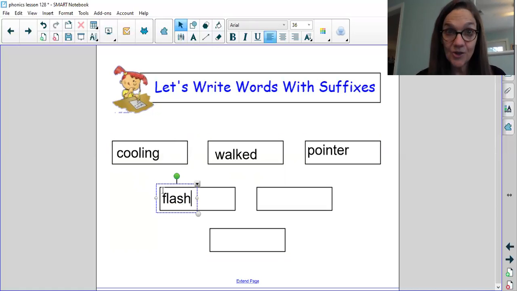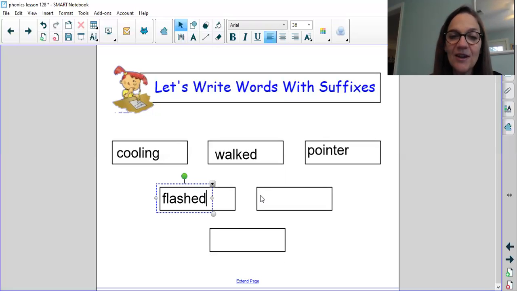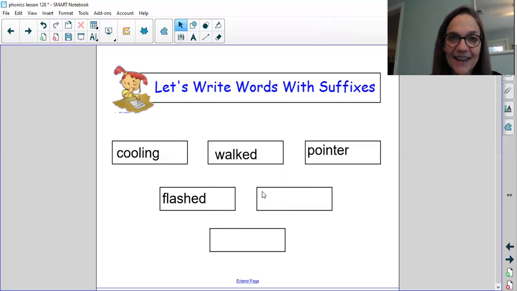F-L-A-S-H. It is a short vowel word, but we don't need to double the final consonant because there's already two consonants there. We just add E-D.